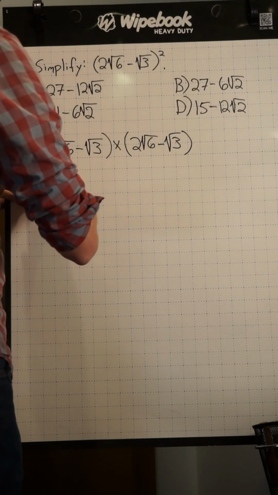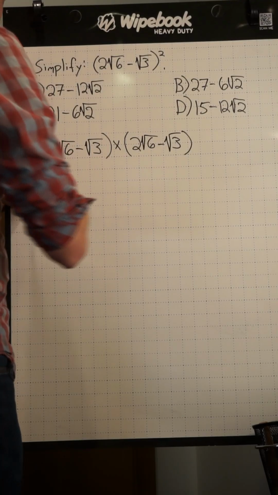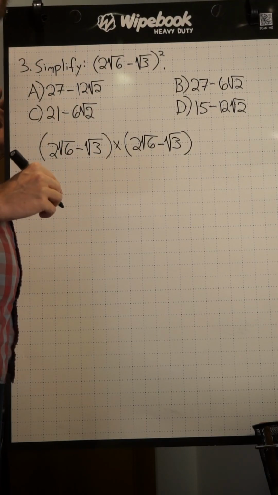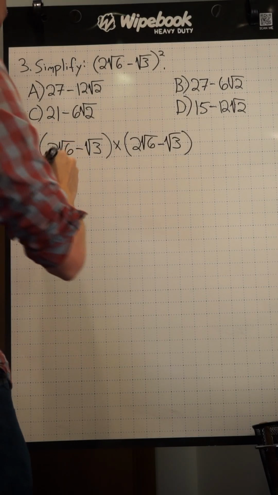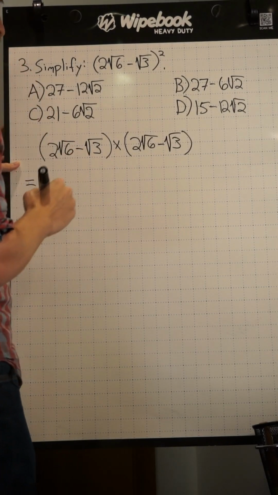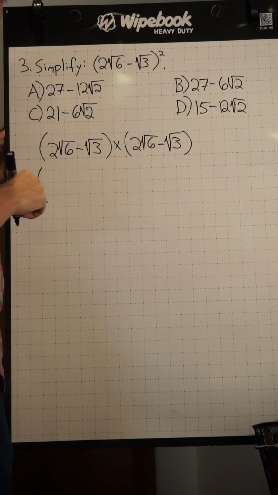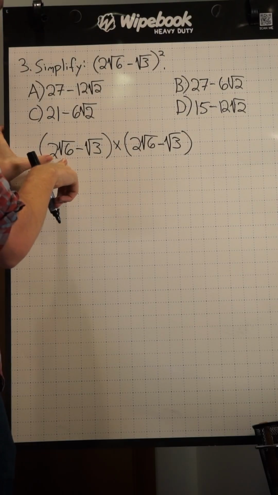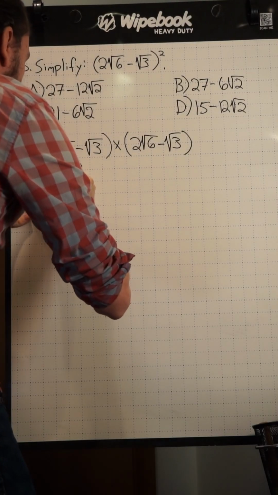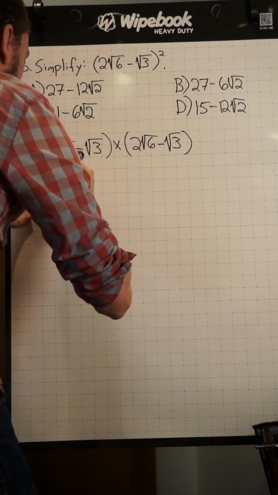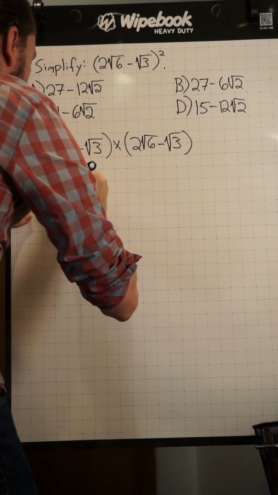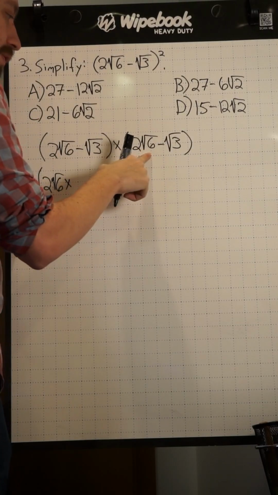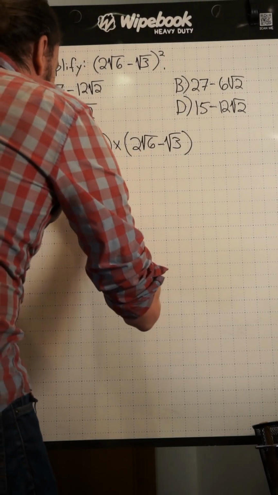Okay, so let's go down here on the next line, and now we'll start the actual multiplication. Again, we need to be careful. I'm first going to write out all of them, and then we can start to simplify them. So we'll get the first one, 2 square root of 6, times the first one here, 2 square root of 6.